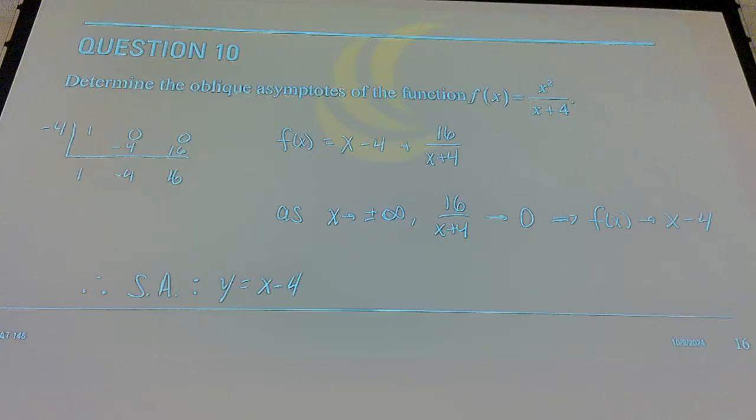Because again, as we let x increase without bound, your function is going to start to mimic that line. Because that remainder part, that 16 over x plus 4, is going to start to become negligible.